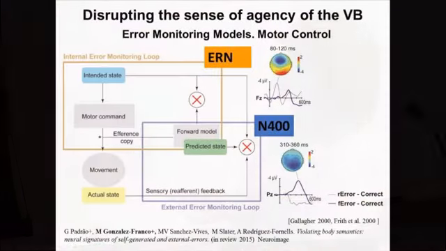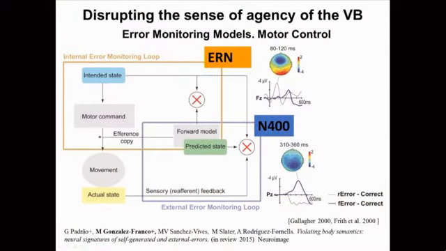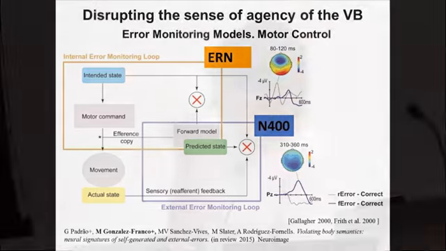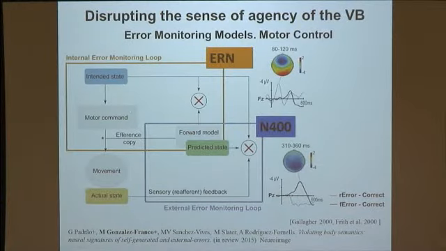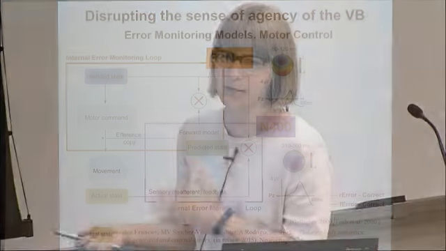And I don't want to go too much into the neurocognitive models of error monitoring, but I just want to show you, let's go very quickly through this. Basically, when you have a motor action, you create a motor command, and you execute the movement. So in our brain, we have several controls to see whether the movement was the one that I wanted to execute.